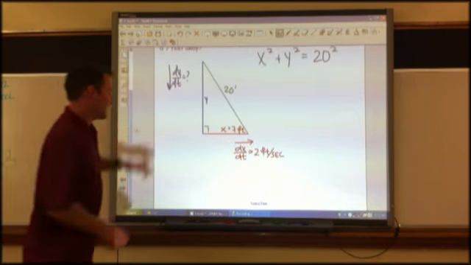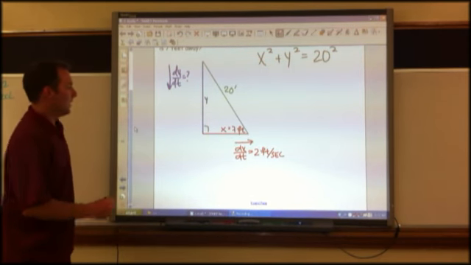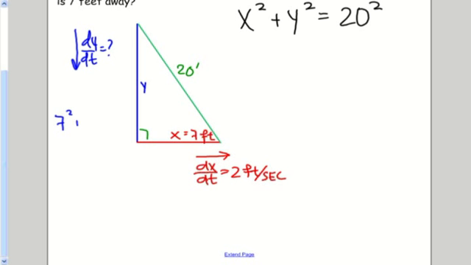We're going to use that twice. Once I'm going to use it over here on the side, because I know that x is 7. I can plug that into this formula real quick, and I get that y is going to be the square root of 20 squared minus 7 squared.